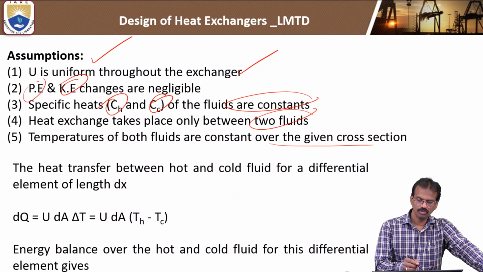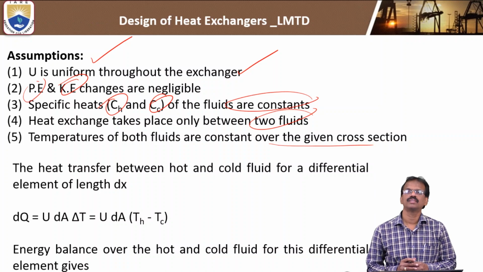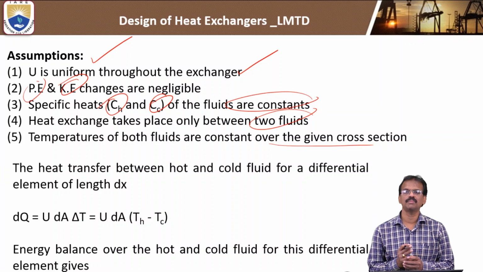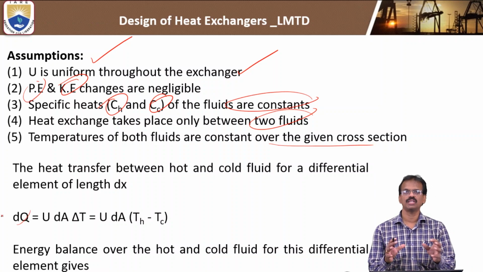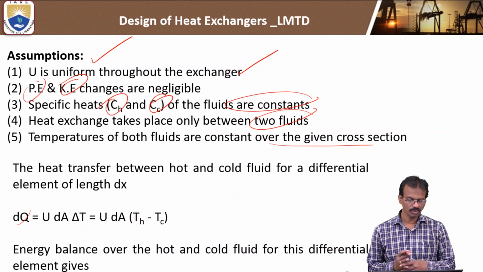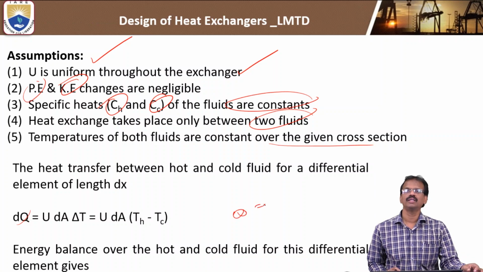Next, to derive the expression for the entire heat exchanger, initially we take a small elemental area and derive the rate of heat transfer for that small elemental area. Then we integrate with the help of the limits. Then we get the overall rate of heat transfer for the entire heat exchanger.